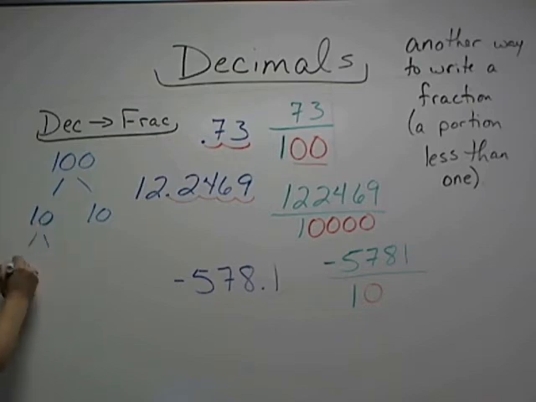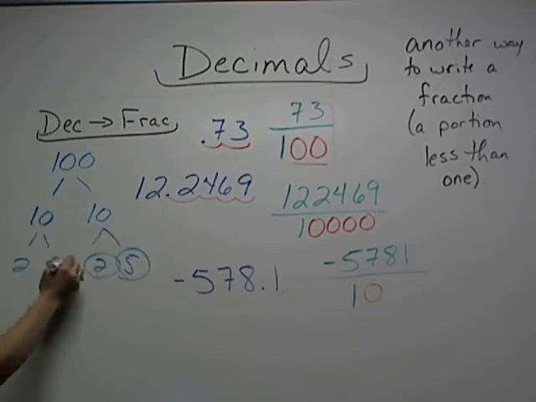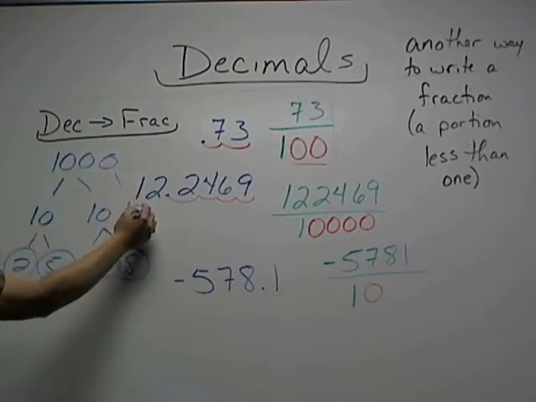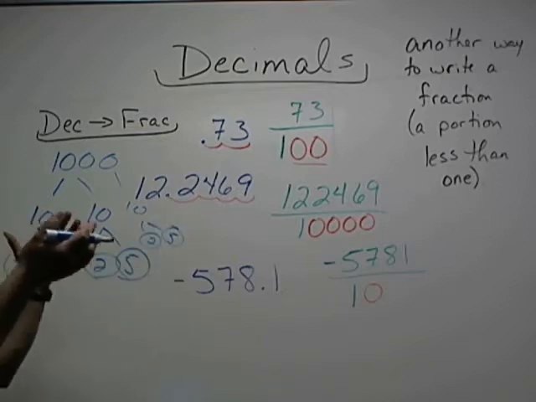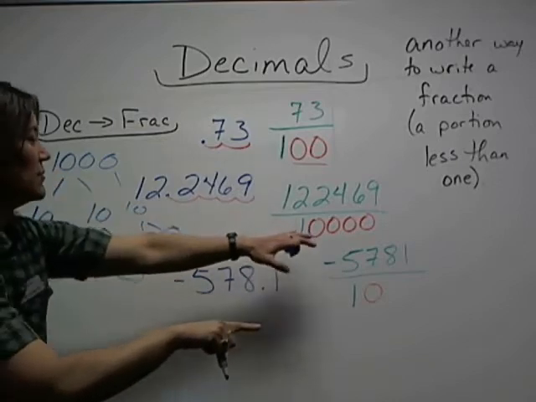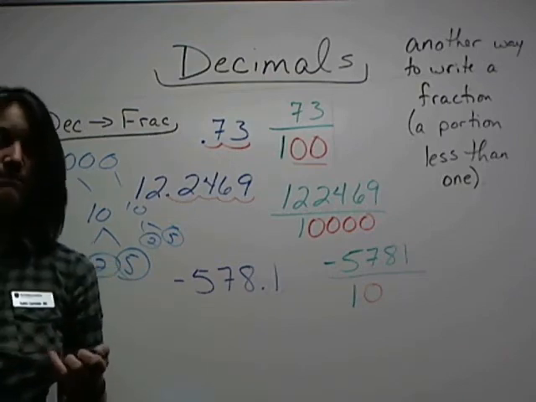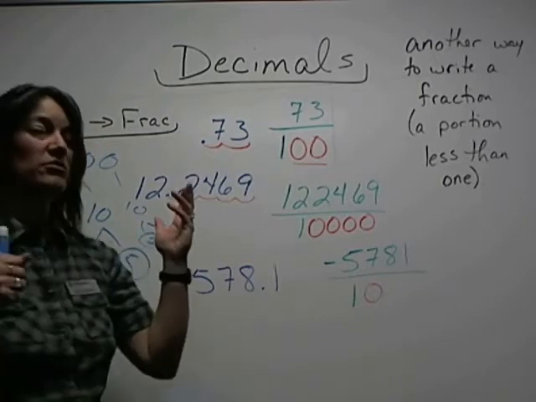And every 10 is a 2 and a 5. So even if I had 1,000, I just have another 10 here, which would just be another 2 and 5. So essentially all of these denominators are broken down into 2s and 5s for the prime factorization. Now that's kind of neat because we know about divisibility.